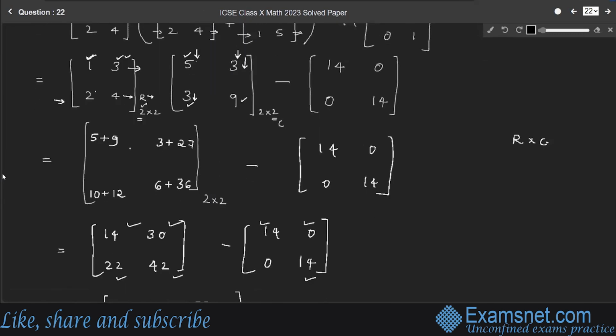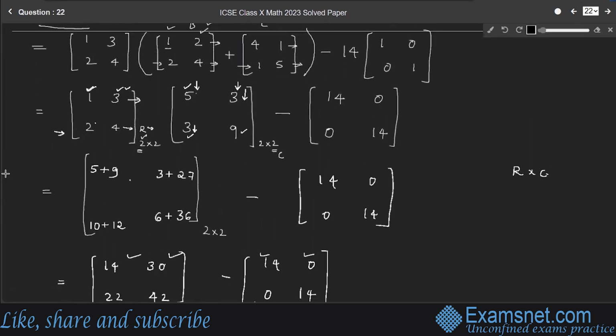Here, the tricky part is multiplication of matrices, right? In the first case, we'll consider row 1. Multiply row 1, first element with the first element of the column, plus the second element of row 1 into the second element of the column, like that.